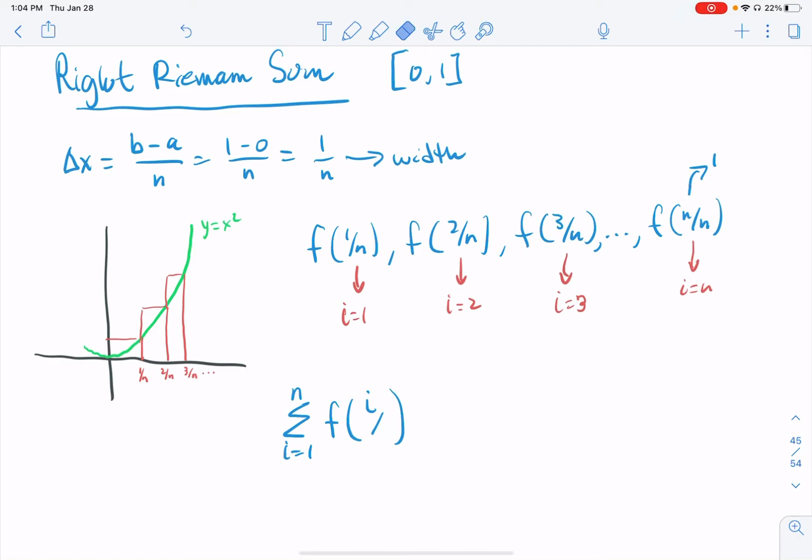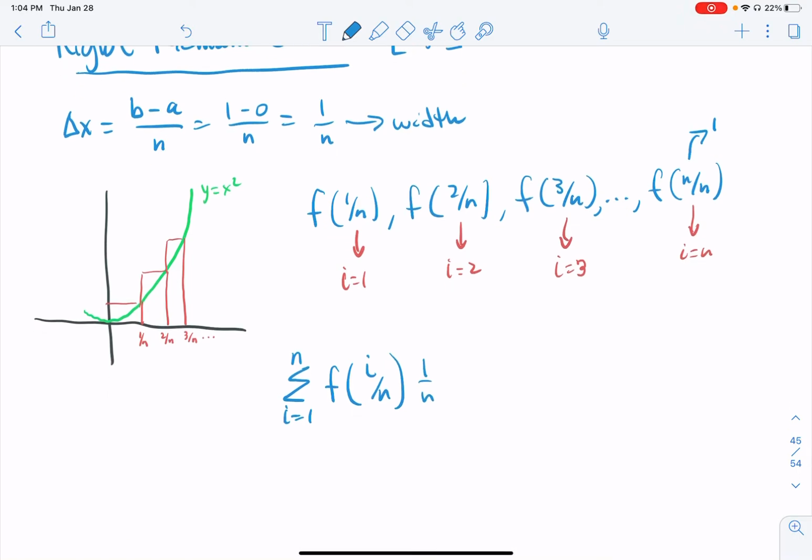Oh my god, it's not 1/4, it's i over n. There we go. Okay, so let's correct this. Stick a 1 here, I have 1 over n, which is that first one. I stick a 2 after I increase the counter, 2 over n, this is the next one. Increase it again, 3 over n, which is the next one, and so on. All right, and then we also need our width, and our width, we said, is 1 over n. All right, so far so good, right?